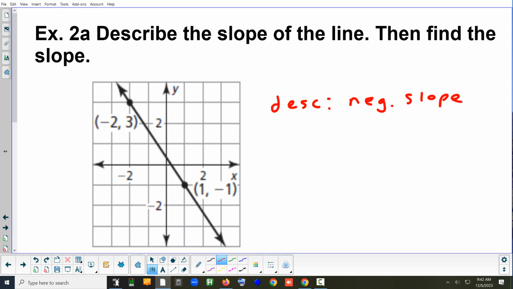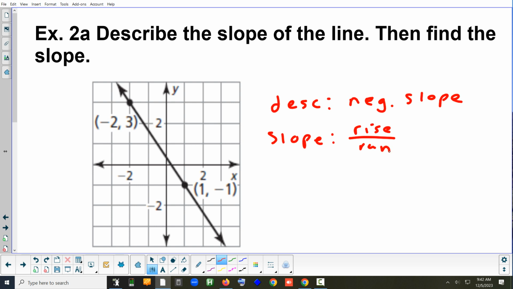Now, if it's a positive or a negative slope, I need you to tell me more. Tell me what the slope is. So what's the formula that we use to find slope when we're counting? It's the 2 words. Yep. So we're going to do the rise over the run.